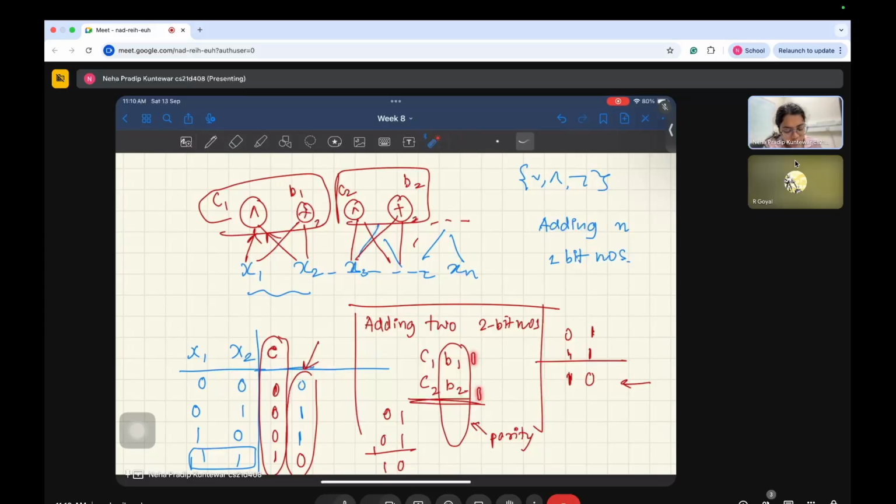If this is 1 1, then this bit is 0, but there should be a carry forward here. So then there will be one more carry here, and we need to add these three now. So you are basically doing parities and carrying forward the new value and doing parity again. So this is repeated ANDs and parity.